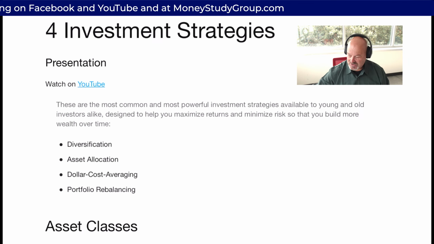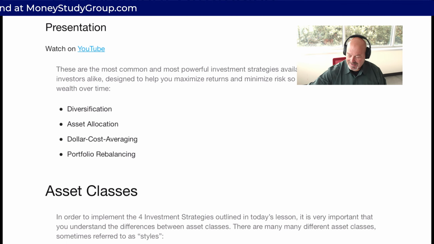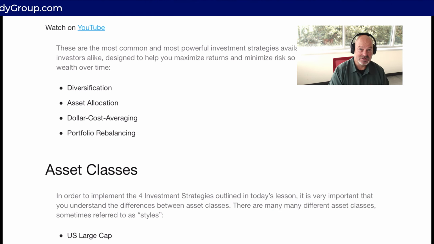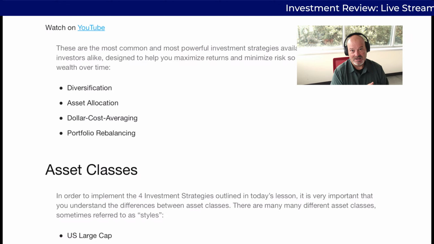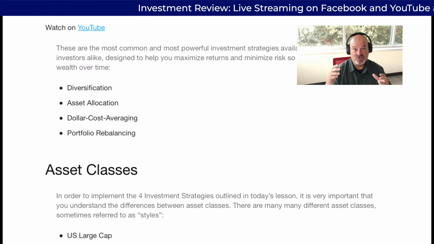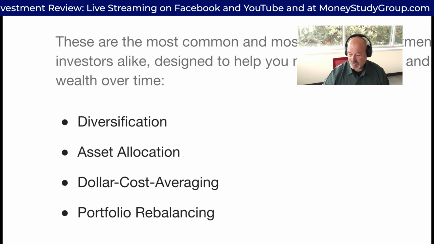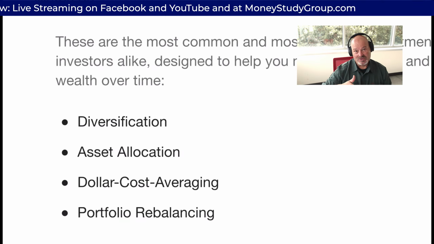So the 4 investment strategies, again, diversification. You may recall, if you didn't watch the video, I tell the story about Enron and what happened at Enron. The bottom line is, if you diversify, if you don't put all your eggs in one basket, then you will have a much better result.